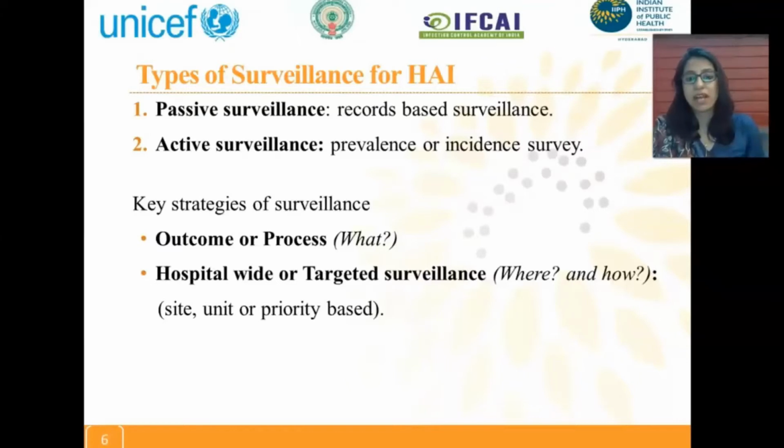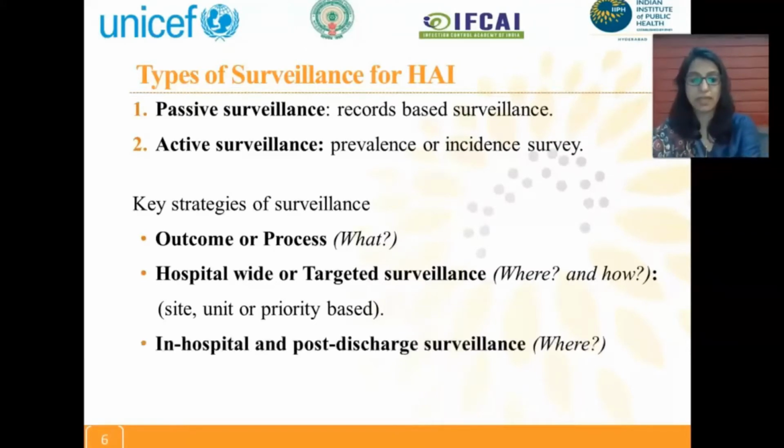So targeted can really focus on the main problems, and you can prioritize the resources. Hospital wide may not be in as much depth, and may need more resources if you want to include all the infections and track all the risk factors, whereas targeted can help you focus and allot your resources more judiciously on the important infections and places.